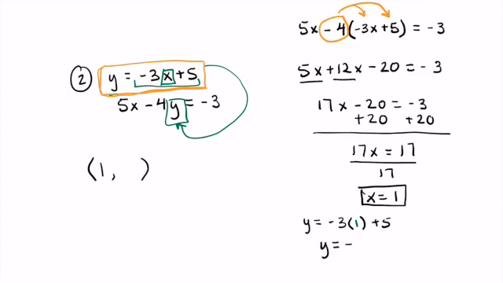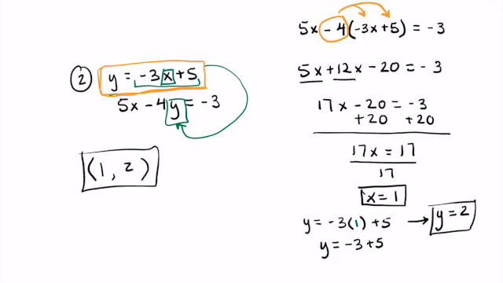So negative 3 plus 5 simplifies to give me y equals positive 2. And that is our systems of equations by substitution.